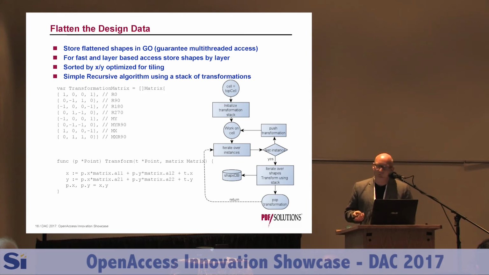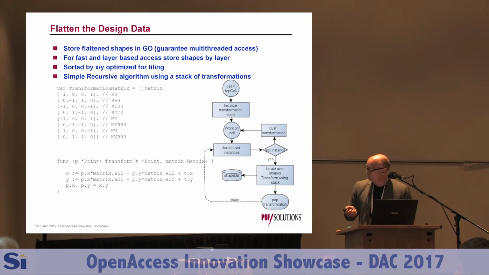On our way down, we build up a simple stack of all the transformations through all the instances we went through. If your top cell has an instance which places some cell with an R90, you simply record this transformation matrix plus the offset vector, and so you go from instance to instance to instance until you are at the bottom, your leaf node, and then you transform your polygon.